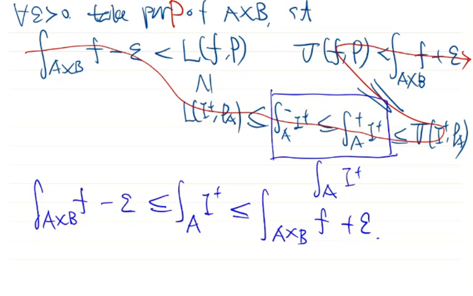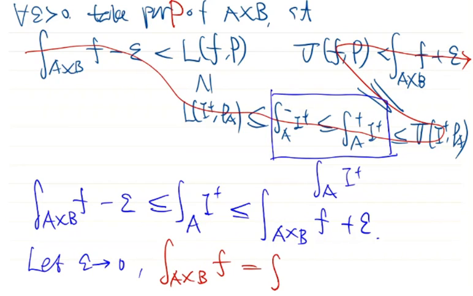we have this inequality. Now let epsilon go to 0. We obtain our desired result.